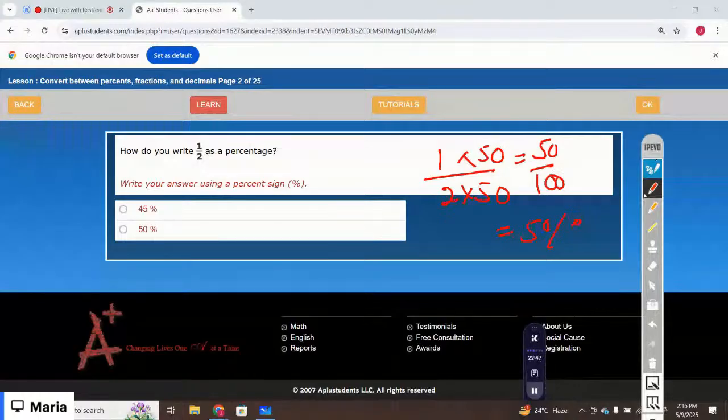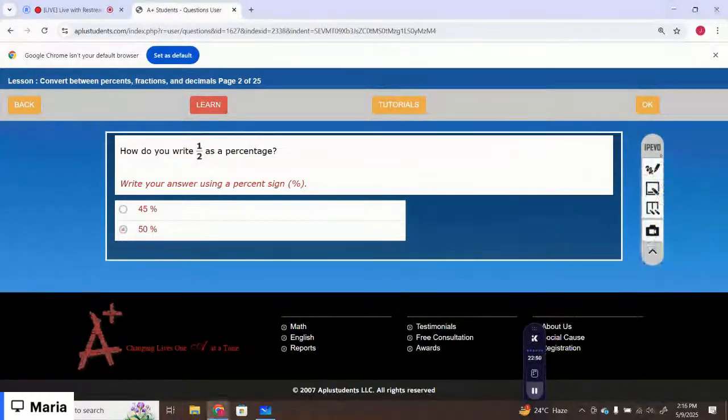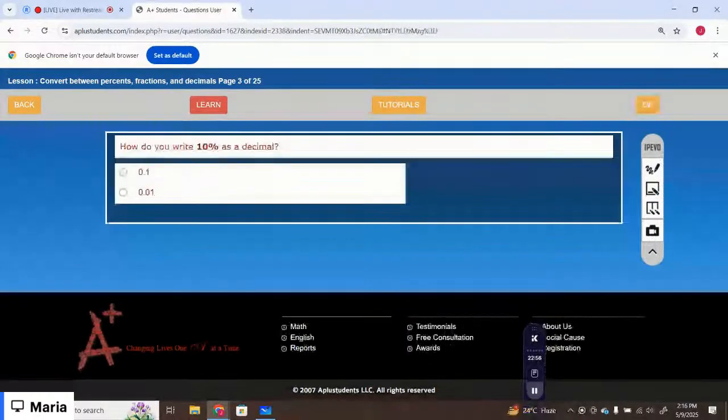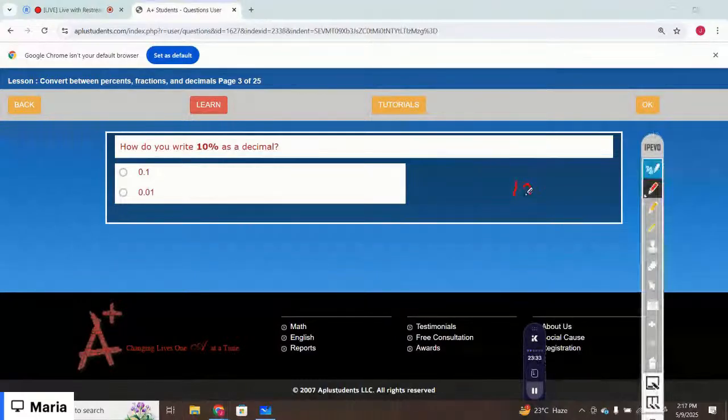The correct option is option number two, that is 50%. How do you write 10% as a decimal? 10% means 10 divided by 100, right?